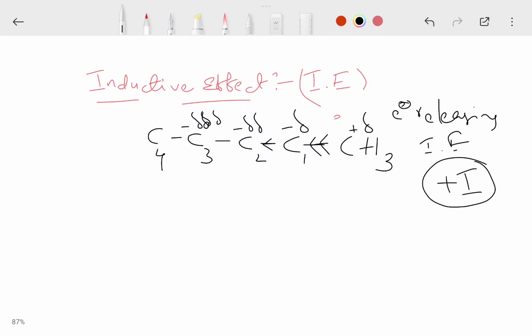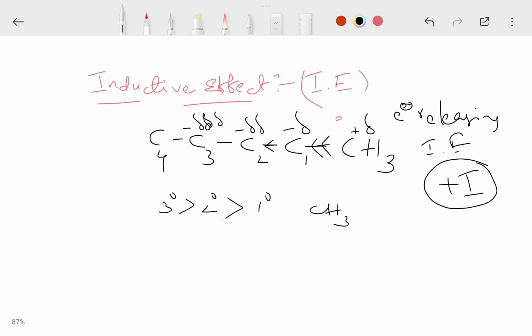For example, tertiary, secondary, primary, and methyl groups are there. Tertiary groups are more effective plus I groups than secondary, then primary and methyl groups.